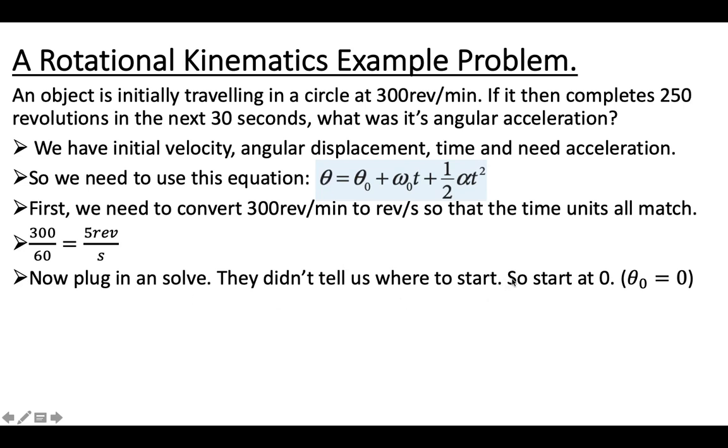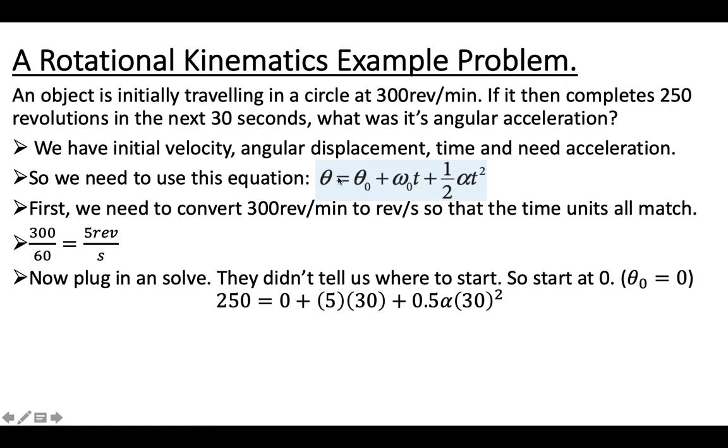They didn't tell us where to start, like they usually won't, and so we can make theta 0 equal 0. We're going to start at 0. All I did was take the numbers up here that I was given and put them in this equation right here. I didn't want to copy this equation down here because it would just start to be a lot. So we started at 0, and then we went 250 revolutions.